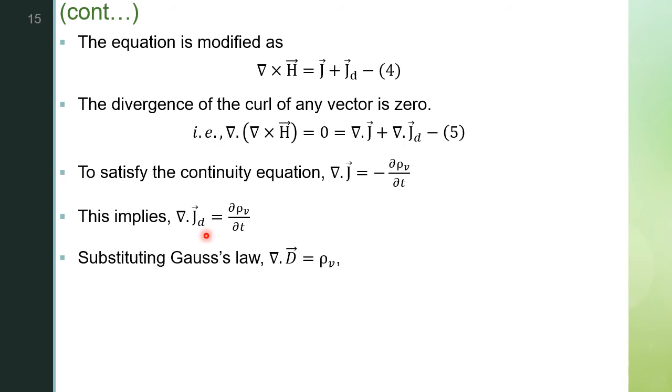Now, according to Gauss's law, we know that del dot D is equal to rho v. Substituting it into the above expression, we will get del dot JD is equal to dou by dou t of del dot D. Now, when you take the divergence operator outside, we will get del dot JD is equal to del dot dou D by dou t.